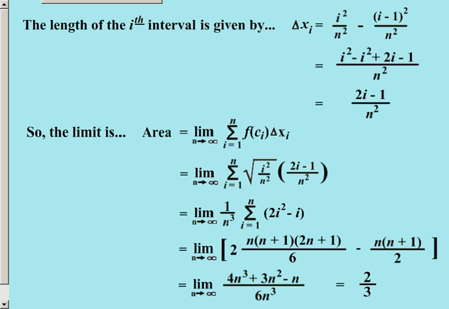And as the limit of n goes to infinity, we lose the two trailing terms in the numerator, and we're left with only the lead term. So I did lose my 1 over n cubed momentarily, but did find it in the last line. It got redistributed, and you can see it in the denominator there, 6n cubed. So 2/3 should be our limit, or our area, underneath the curve within those bounds.